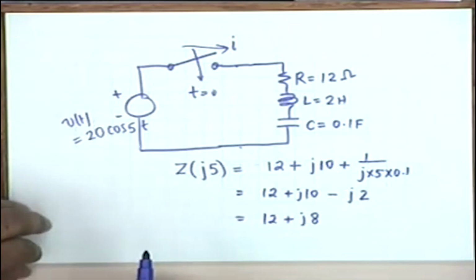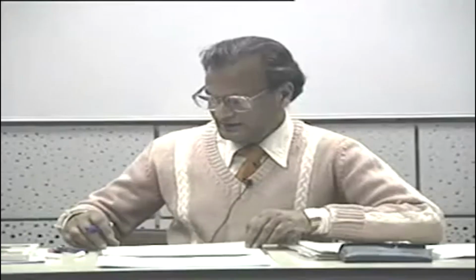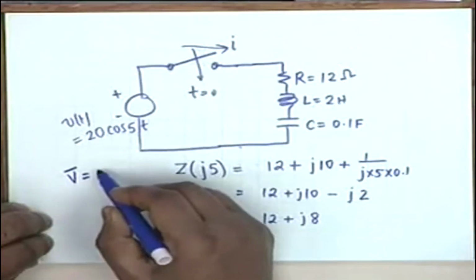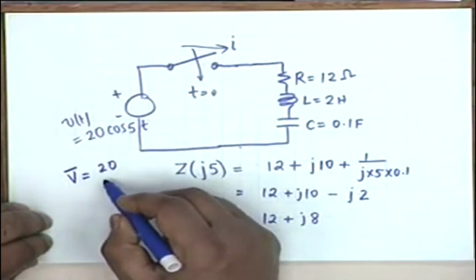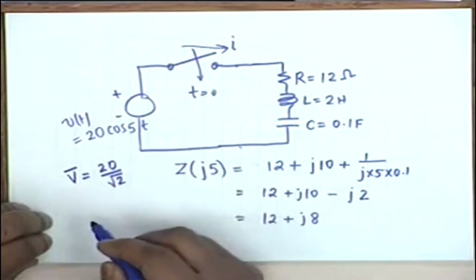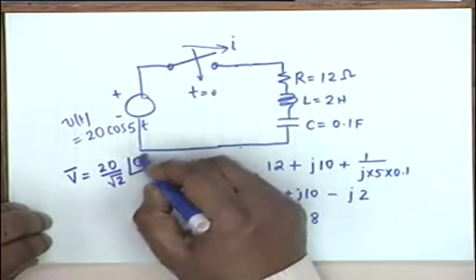All right. This is my impedance, and what is my voltage phasor? Voltage phasor is 20 divided by root 2, this must be remembered, angle 0.